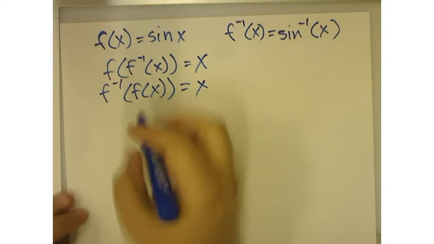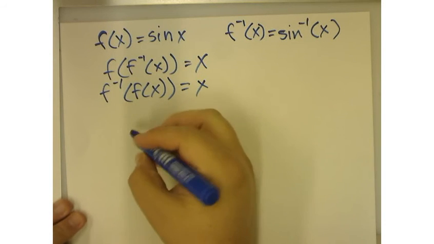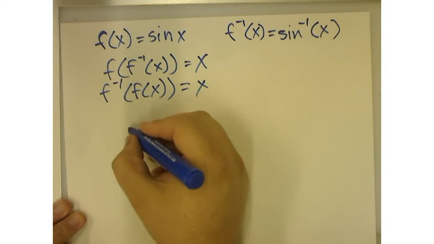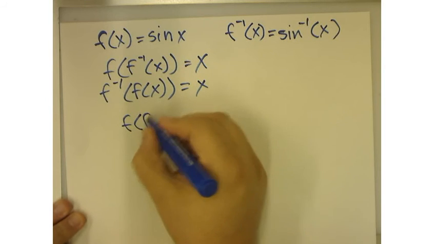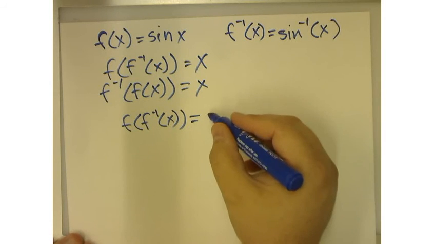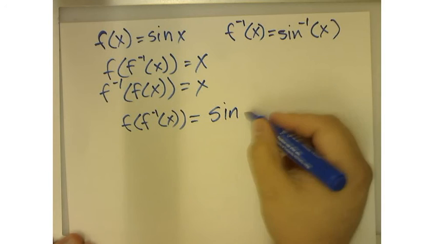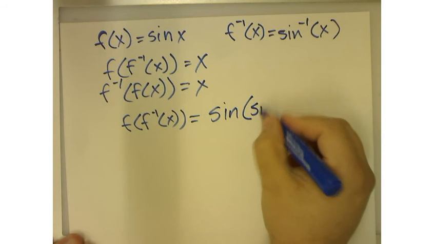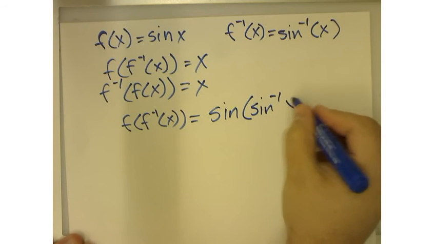So what we should get is, if I say f of f inverse, I should get sine of sine inverse of x.